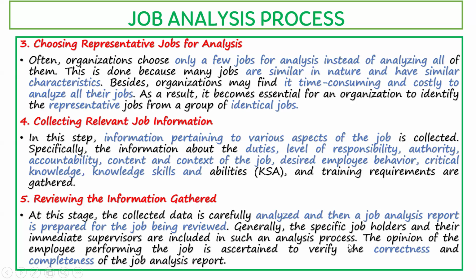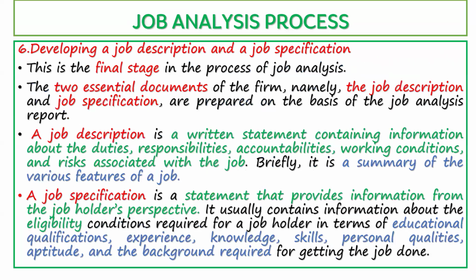So after we analyze or collect relevant job information, the next thing is reviewing. And in this revision, there is always a report that is prepared, so we review the report that we generated from the previous stage. Then lastly, we develop a job description and job specification.